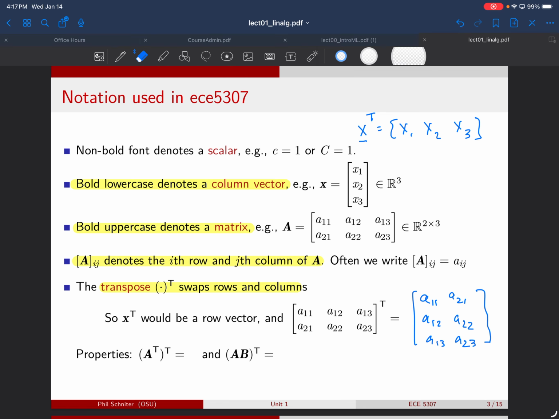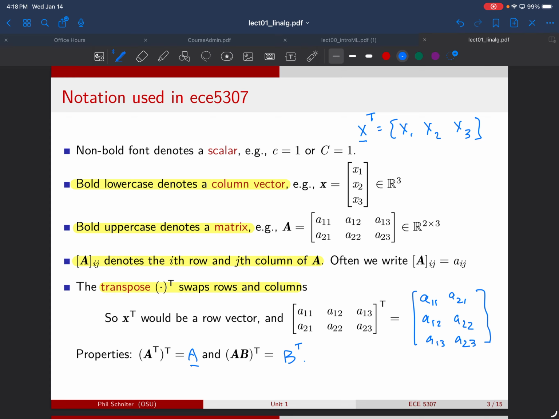Okay, so basic properties of the transpose is that if you apply the transpose twice, it cancels out. So A transpose, quantity transpose, is just A. And if you apply the transpose to a product of matrices or vectors, you apply the transpose individually, but you also have to reverse the order of the product.